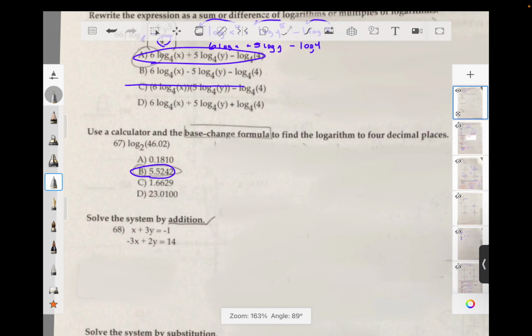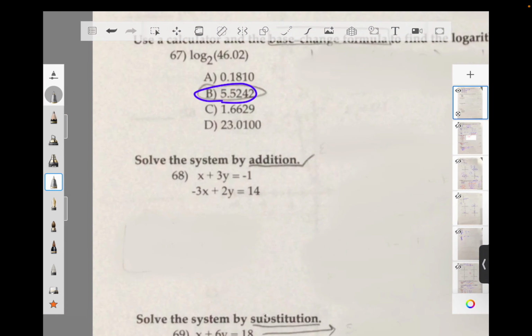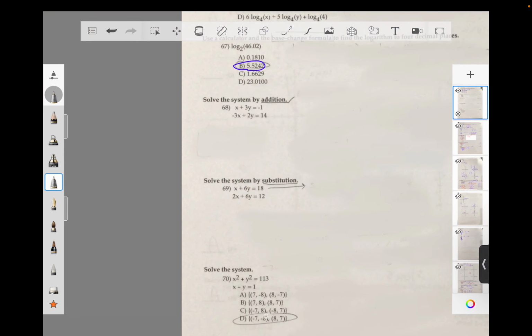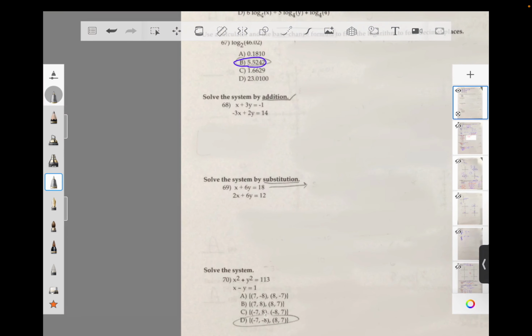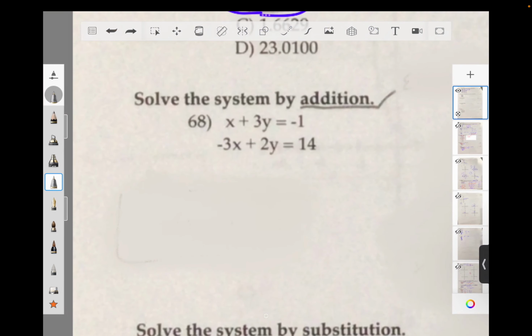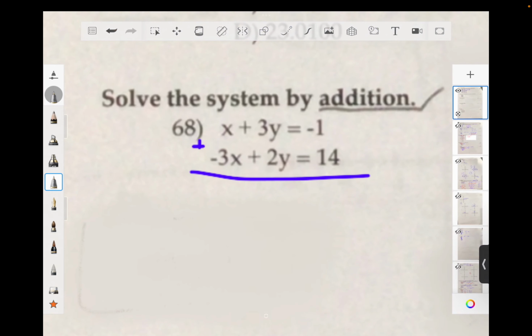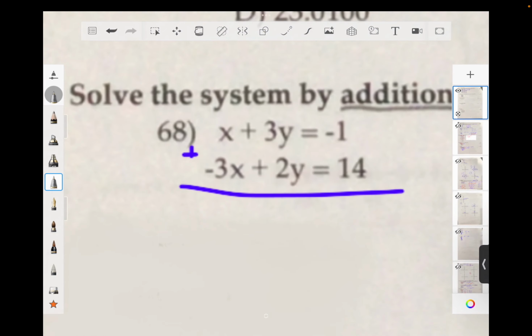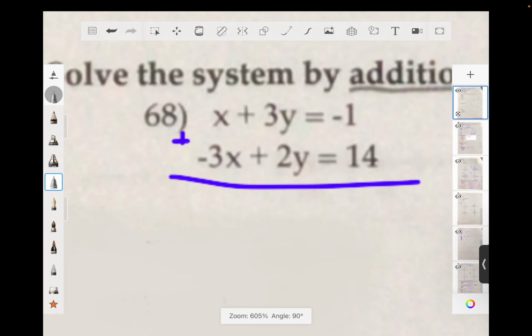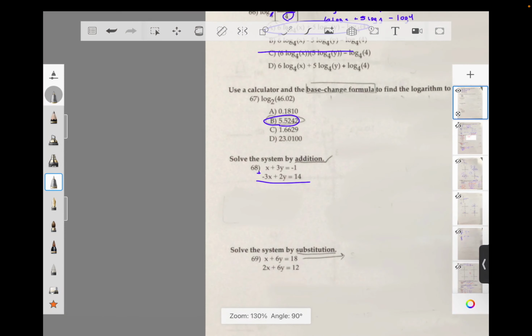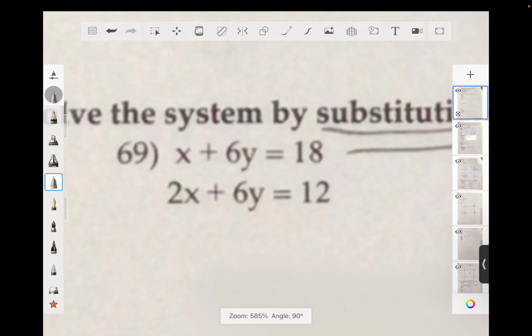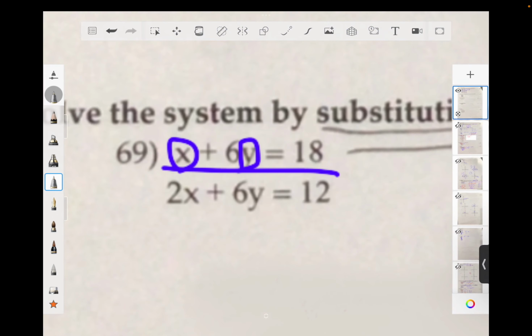Solve the system by addition. Yeah, these are the last problems. So addition is that you're adding both these equations together, like this. Essentially, this is on top, this is on bottom, and you're adding them together. Substitution is that with the first equation, you're solving for one of the variables, x or y, and then once you solve for that x or y, you plug it into one of the other ones at the bottom.